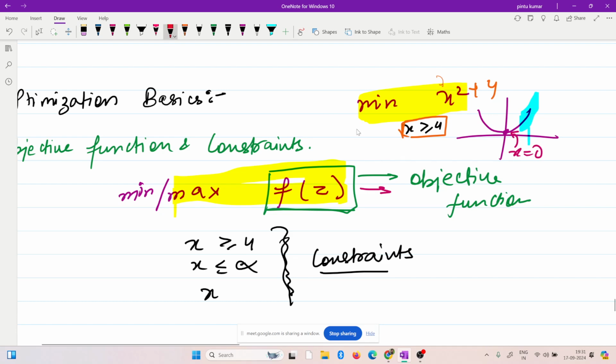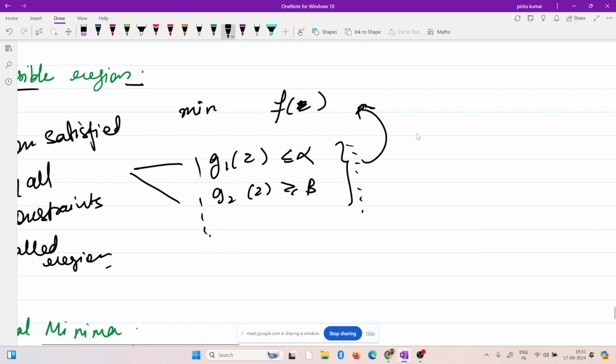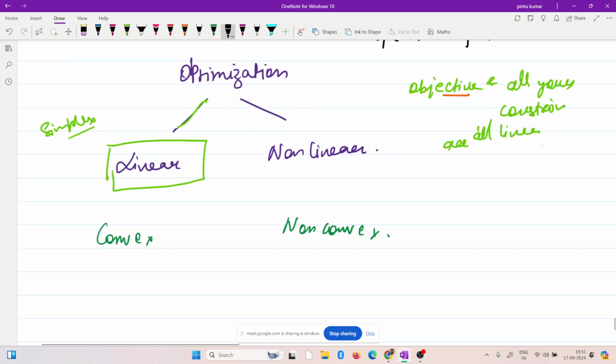If I said something like square root of x is greater than or equal to 4, then I had a non-linear constraint. Those kinds of categories come under what is called a non-linear optimization problem. So this is one bifurcation.